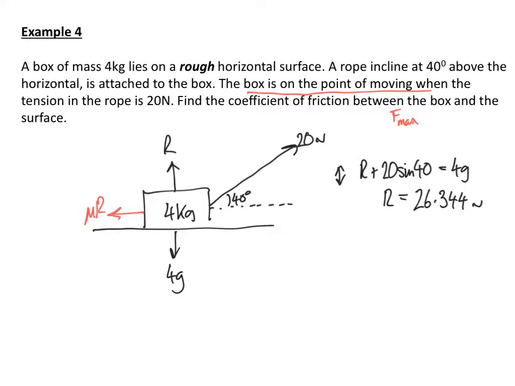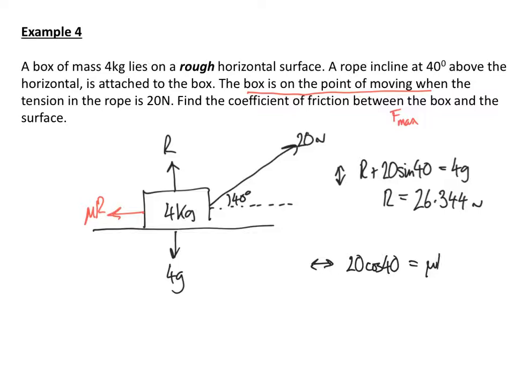Horizontally then, again it's on the point of moving, but it's not quite moving yet. We can see then the force to the right, 20 cos 40, will equal the force to the left, which in this case is the maximum frictional force.